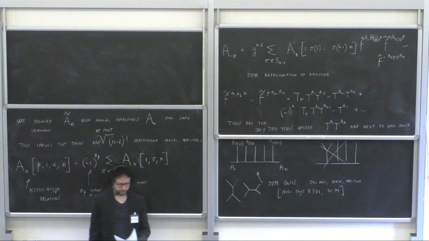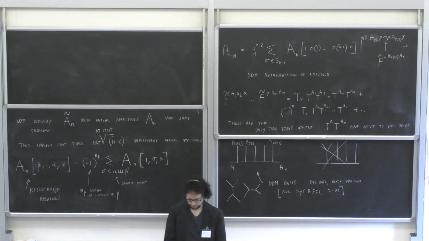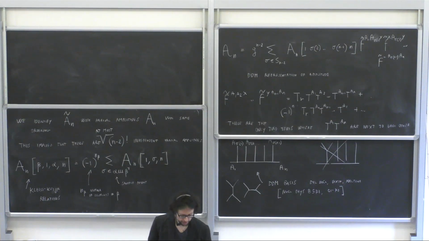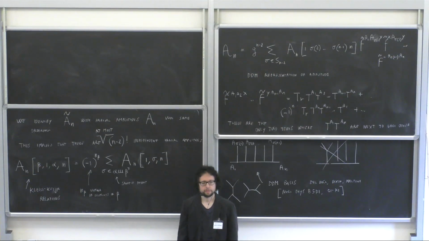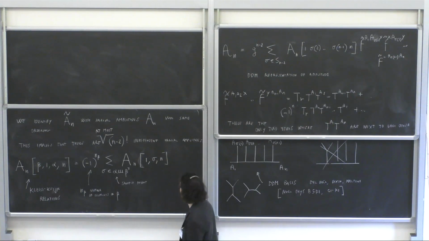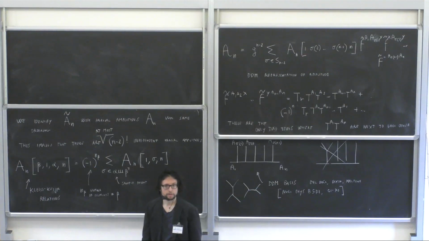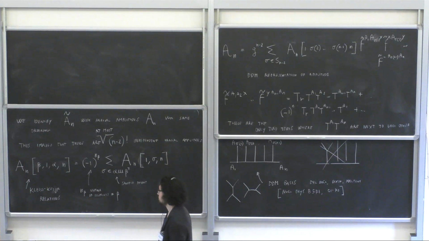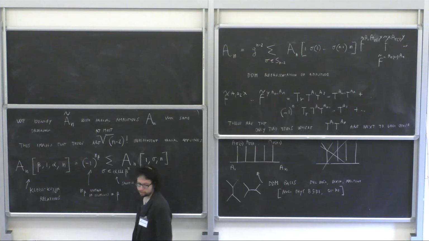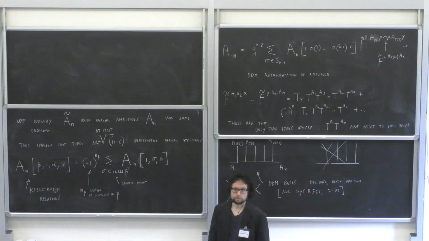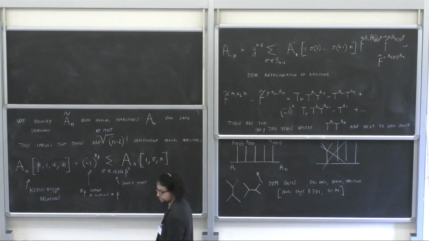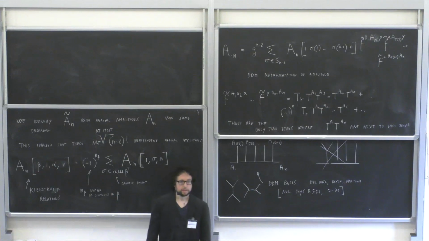Okay, very good. And that question should be very much in the forefront of your minds. Namely, is this all that there is, or are there other relations among partial amplitudes which have more complicated forms, perhaps? And actually, the answer to this question is yes. There are other relations, which are also called BCJ relations, which allow you to go to a basis which is not n minus 2 factorial, but n minus 3 factorial.